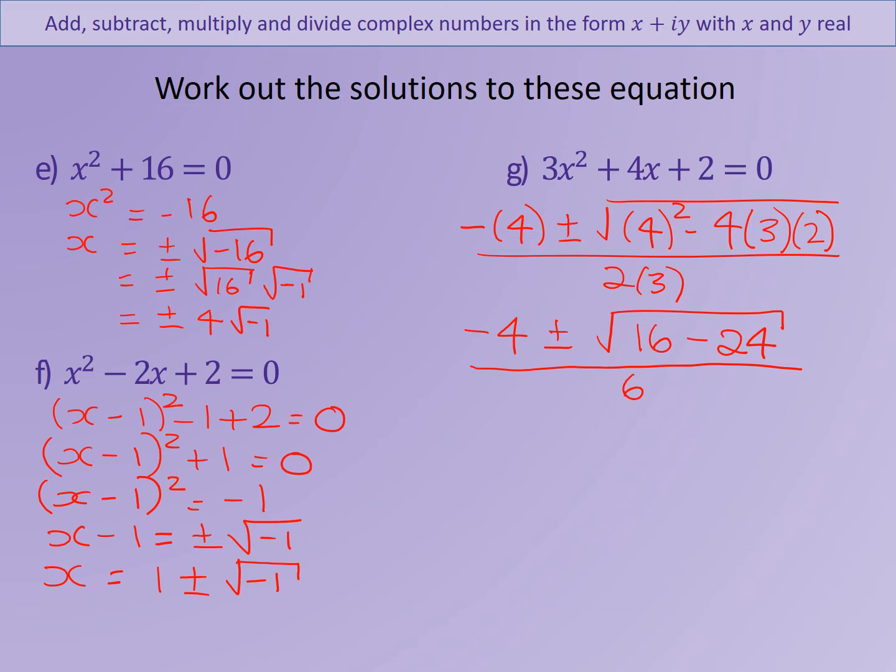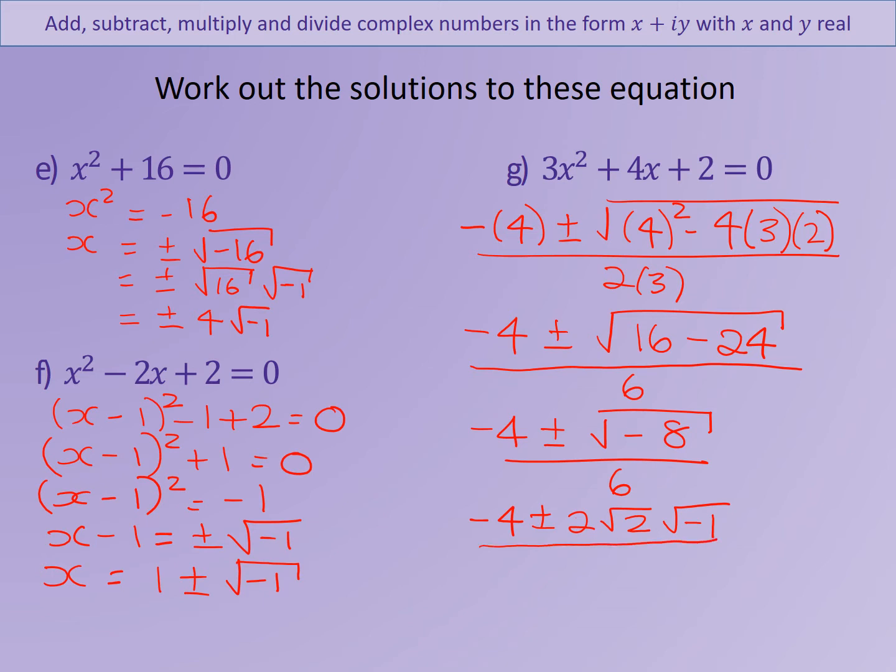Now simplifying underneath that square root, we've got minus 4 plus or minus the square root of minus 8, all over 6. And a little bit of simplification here again. So we have minus 4 plus or minus 2 root 2, which is the square root of 8, multiplied by the square root of minus 1, all over 6.